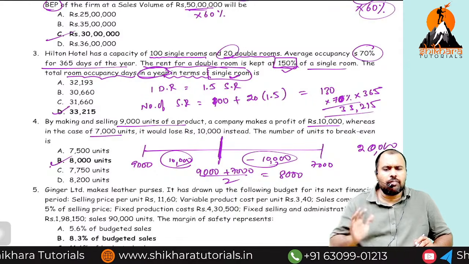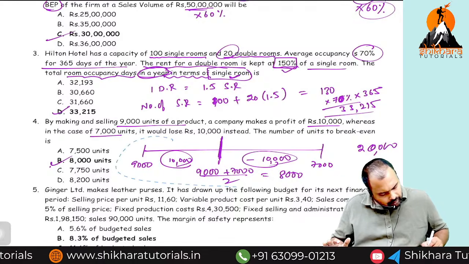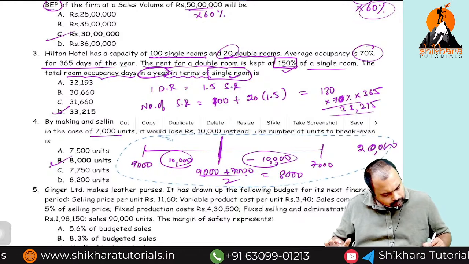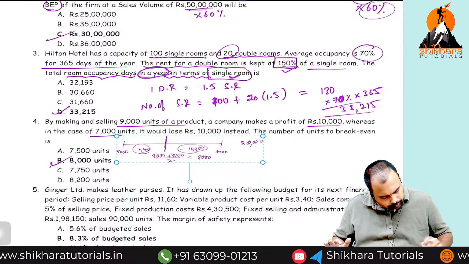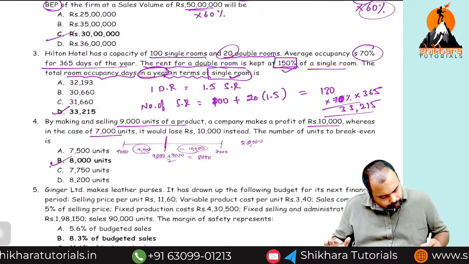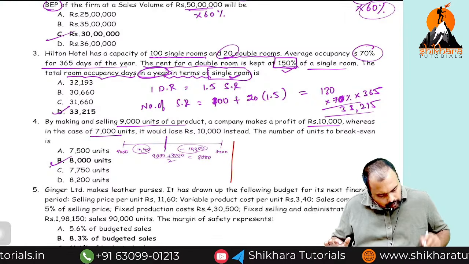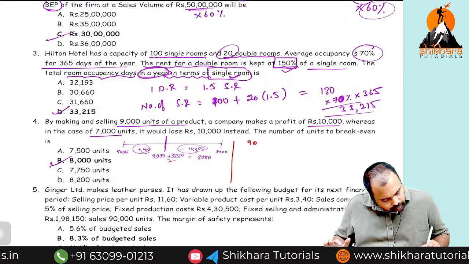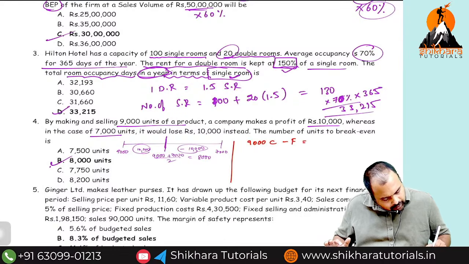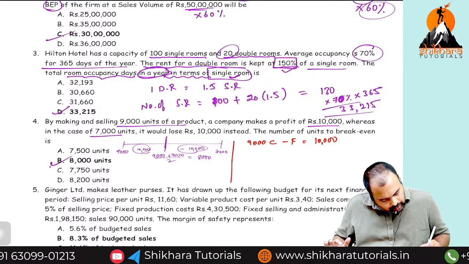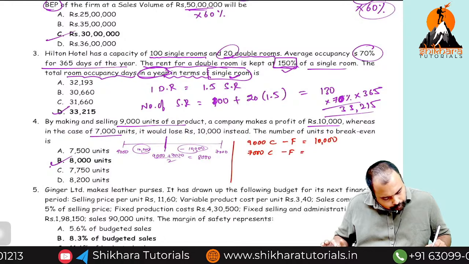But if you are not aware of this logic, how to solve this problem with regular formulas? 9,000 into contribution per unit minus fixed cost is equal to 10,000. 7,000 into contribution per unit minus fixed cost is equal to minus 10,000.